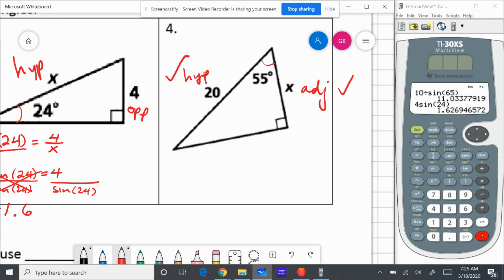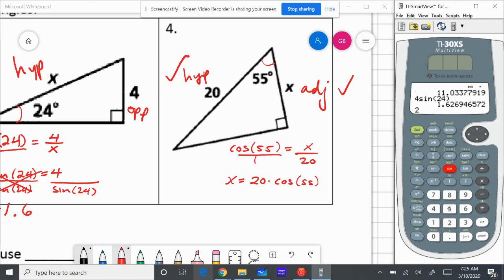So for this one, cosine of 55 is equal to x over 20, adjacent over hypotenuse. We're going to cross multiply. So x is equal to 20 times the cosine of 55. Using a calculator, that is 11.5.